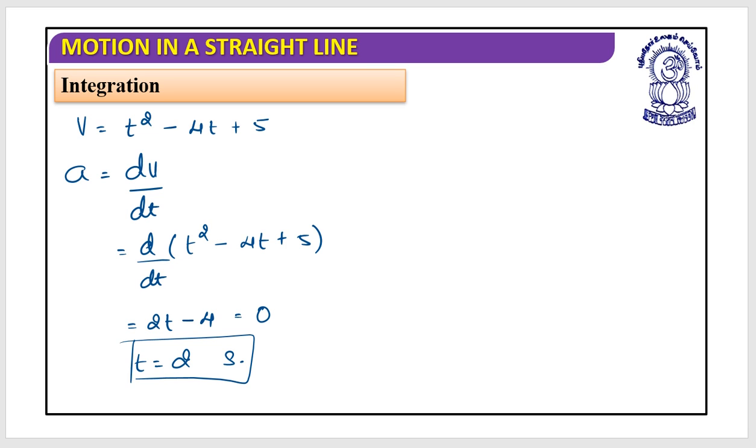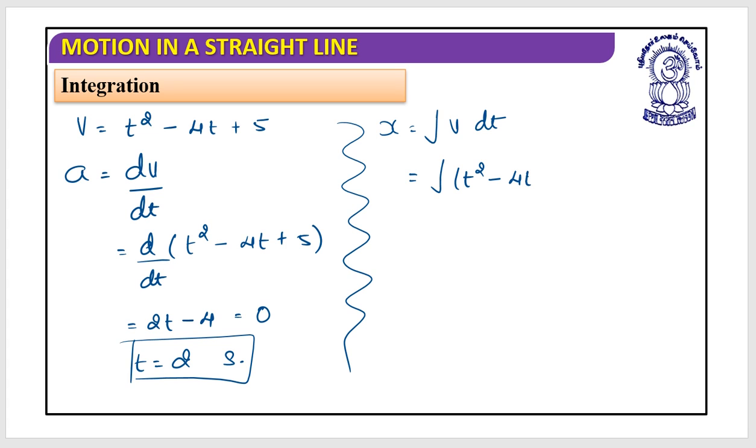Now what you need to do is find the x. Then x equals the integration of v dt, which equals the integration of t square minus 4t plus 5 dt from 0 to 2.